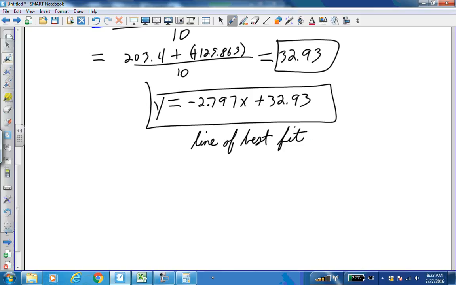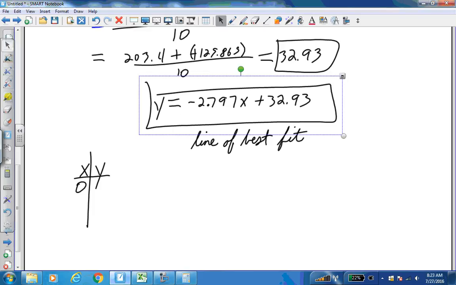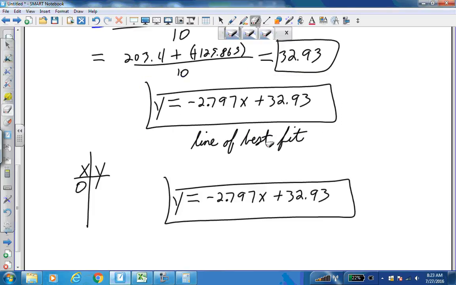Now if we were wanting to plot that line, we would need 2 points to plot a line. 1 point is the y-intercept. If you let x be 0, if we replace x with 0, anything times 0 is 0, so we would get 32.93.